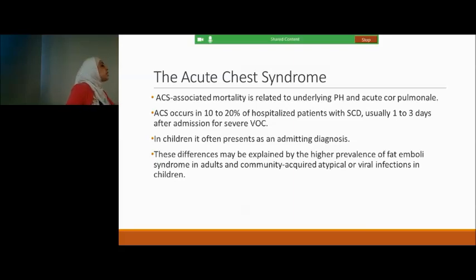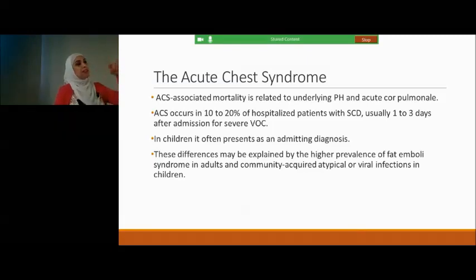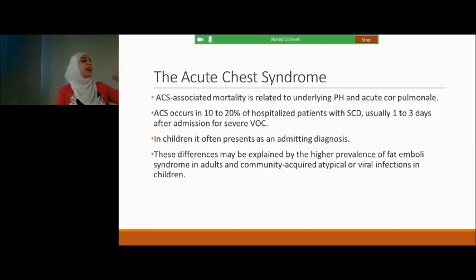Some of them actually relate that to kids being more prone to infection, so that's when the infection triggers acute chest syndrome and they're admitted with that. And some of them say, no, it's because adults kind of seek medical help more than kids when they start having the sickle crises with pain and vaso-occlusive crises. And then, of course, they develop that in the hospital. But it's just an observation.